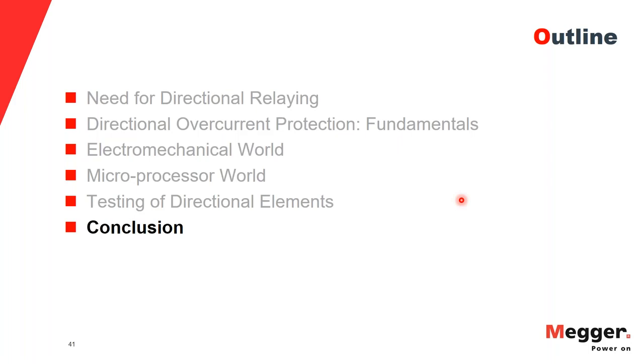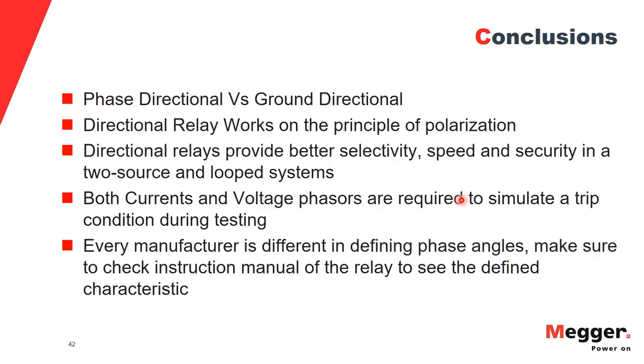And to conclude the webinar, I've covered the differences between phase directional connections and ground directional connections. We have seen that a directional relay works on the principle of polarization. We have also seen that directional relays provide better selectivity, speed, and security, especially in two-source and ring networks.